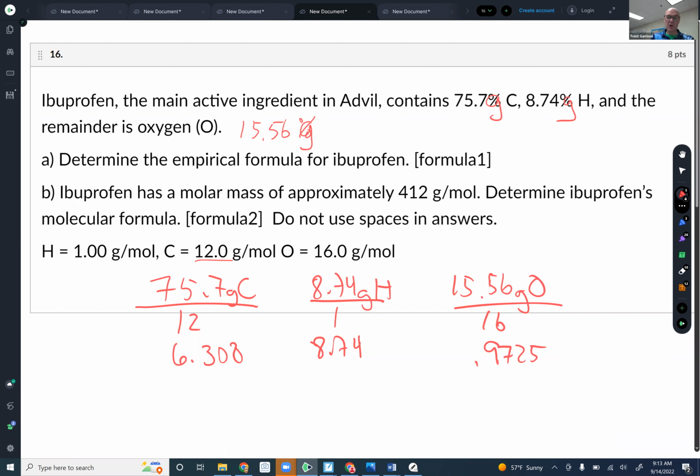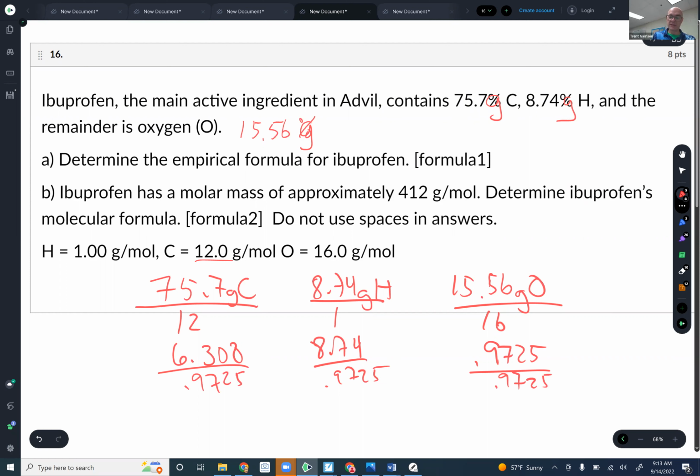Now we have to divide them all by the smallest, which is the 0.97. That's equal to 1. 8.74 divided by 0.9725 is 8.98, which is 9. 6.308 divided by 0.9725 is 6.5.